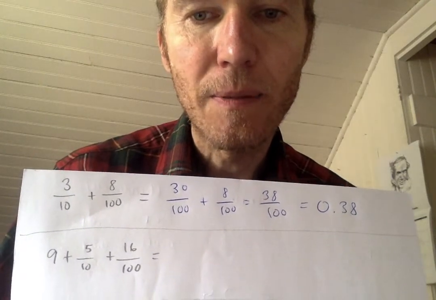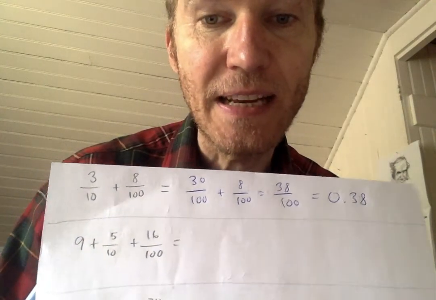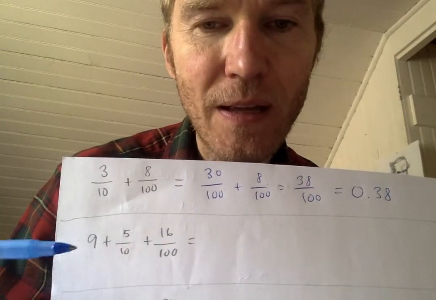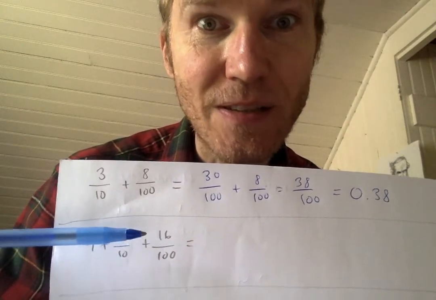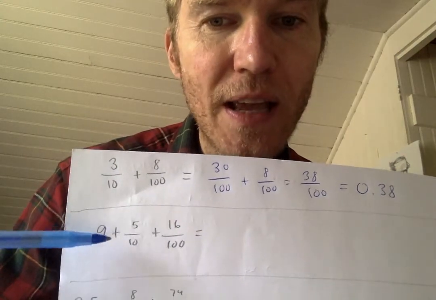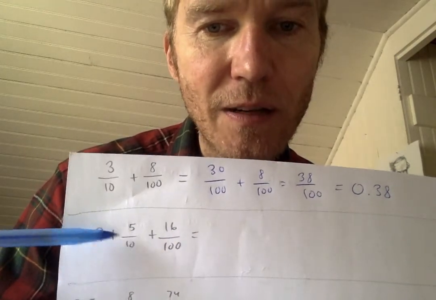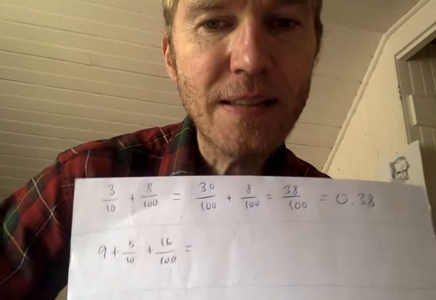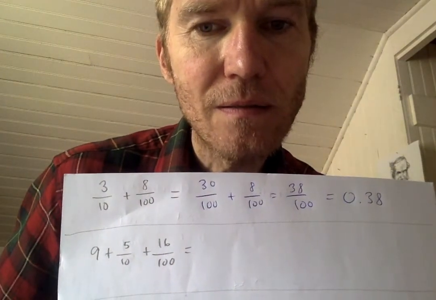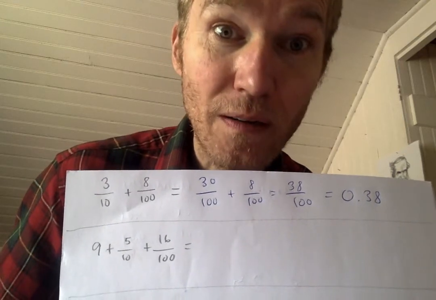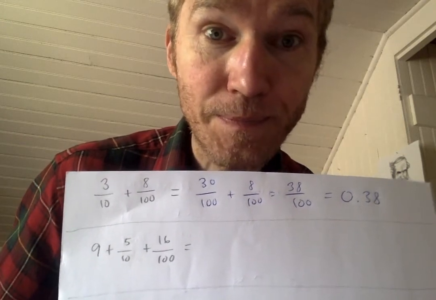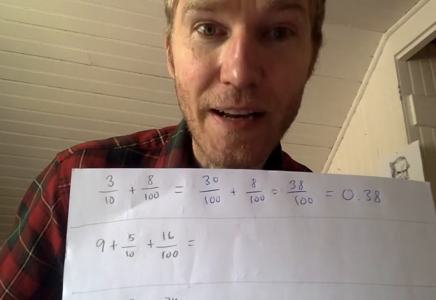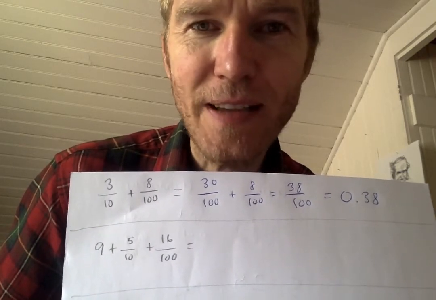9 plus 5/10 plus 16/100. See, this is why we don't want to just say 9.5 something, because that 16/100 is going to get messy. So we want to say 9 plus, can we put those 5/10 into hundredths? 5/10 is going to be how many hundredths? Sorry, 1/10 is 10/100.